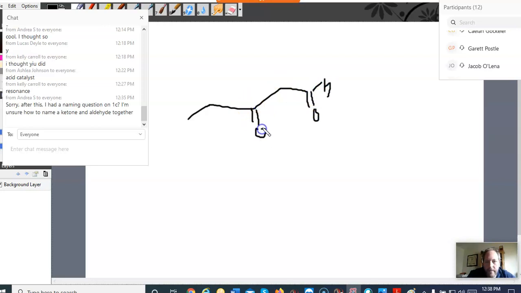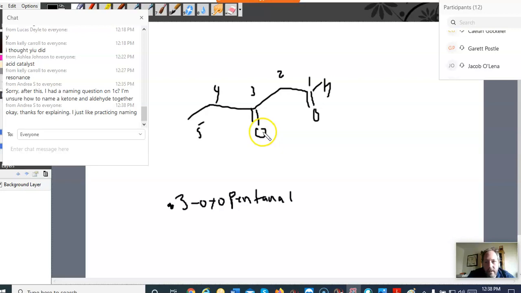Let's say I have a ketone there. All right, so here's carbon 1, carbon 2, carbon 3, carbon 4, carbon 1. I start on this side because the aldehyde is carbon 1. So this would be called 3-oxopentanal. That's basically how you name it. In this case, the ketone is actually acting as a substituent.